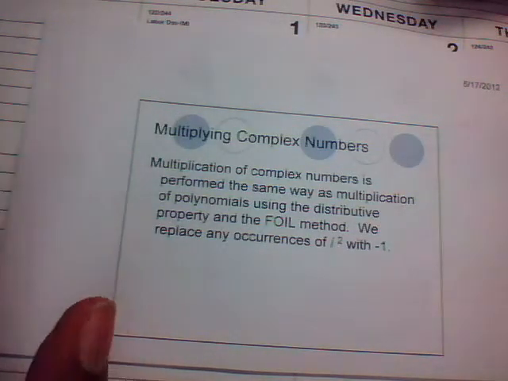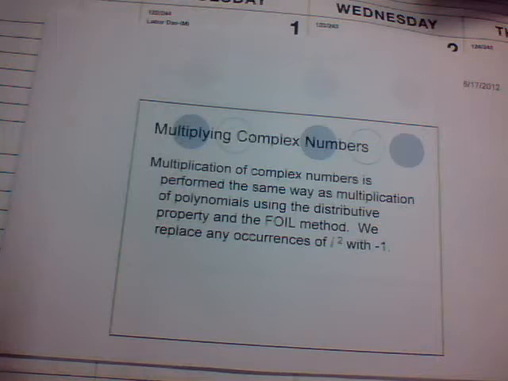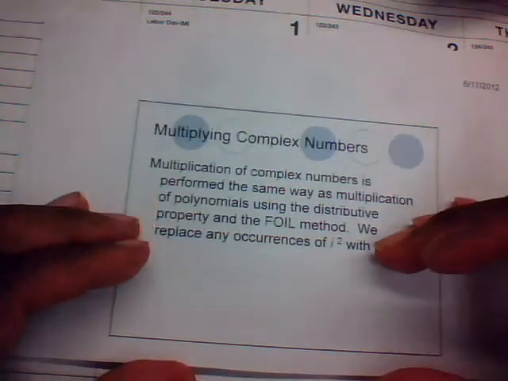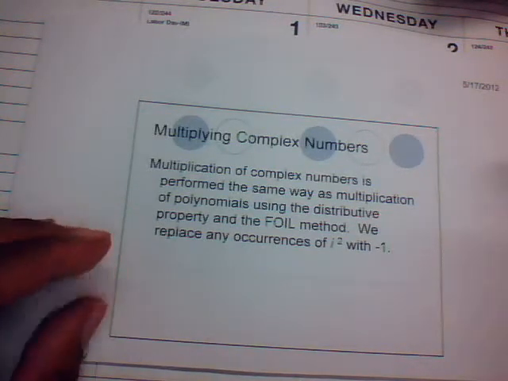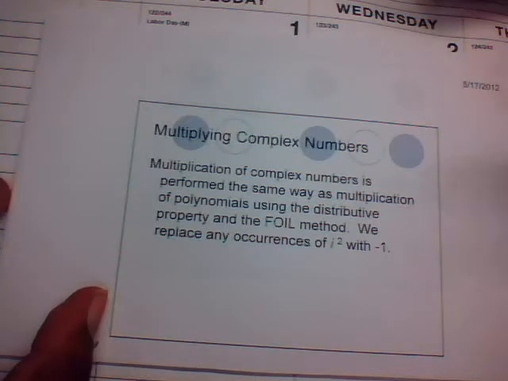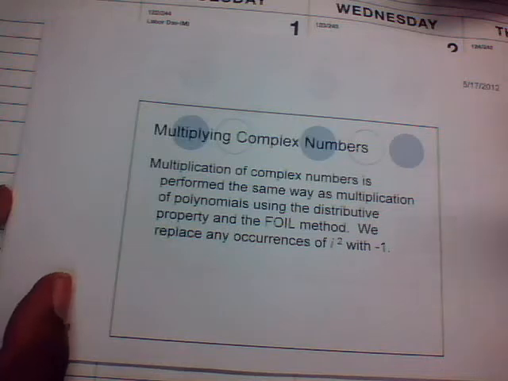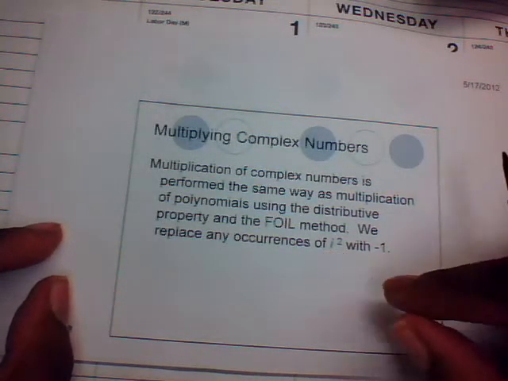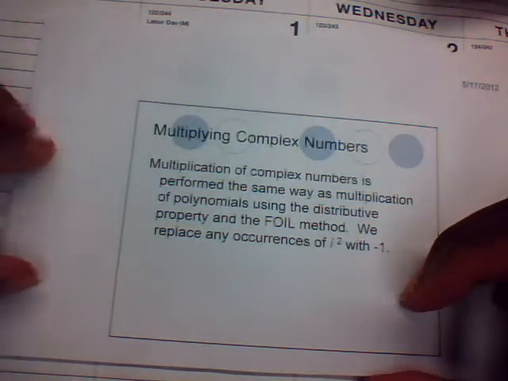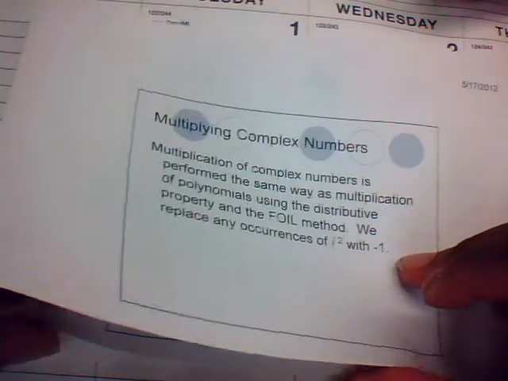Now, when we multiply complex numbers, any occurrences of i squared, we're going to have to replace that with negative 1, because i is equal to the square root of negative 1, where i squared equals negative 1. So any occurrences of i squared, you must replace it with negative 1. And we're going to look at a couple of examples that deal with multiplying complex numbers.